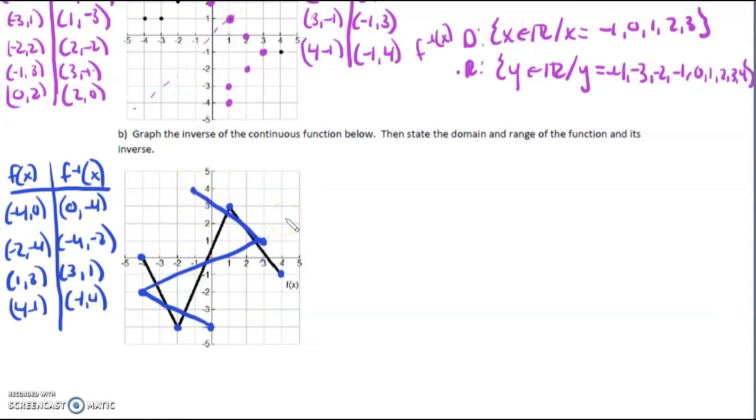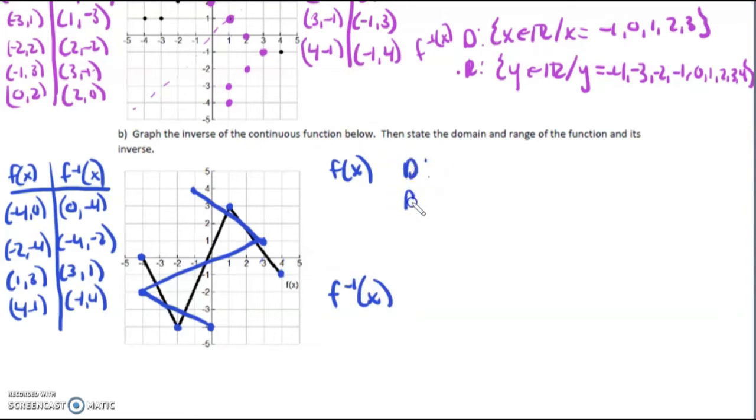And you can see how if we didn't connect them one at a time in order, it would get really confusing. Okay, so this is a continuous function because in order to draw f of x, we don't have to lift up our pencil, and the same for f inverse of x.